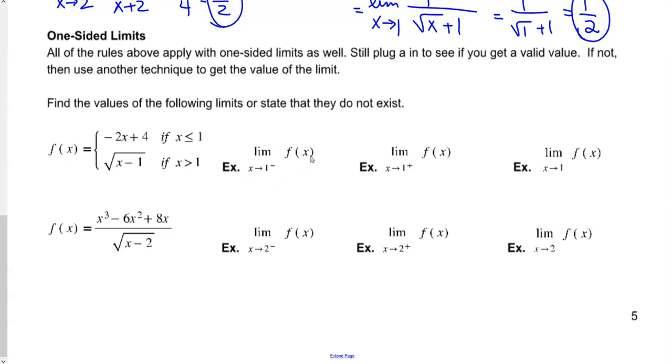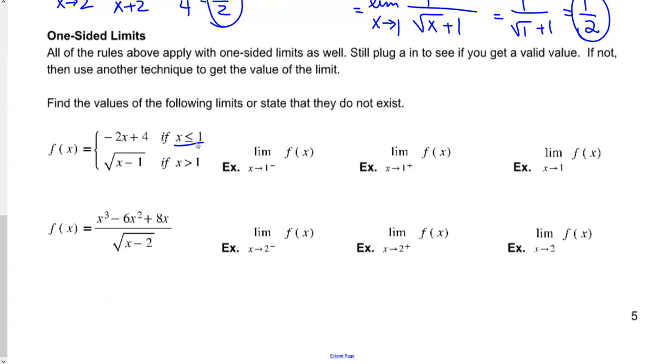Our first request is to find the limit as x approaches 1 from the left. Look at your inequality. 1 is that break point. Is this the inequality that has all the numbers coming from the left of 1, or is this the inequality where x is greater than 1, which would be coming in from the right? So we want to hone in on this inequality for this problem right here.